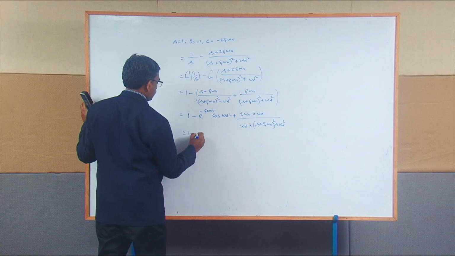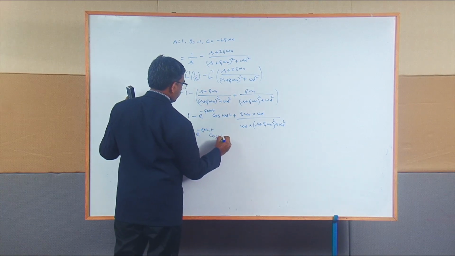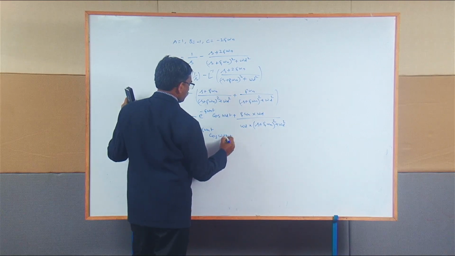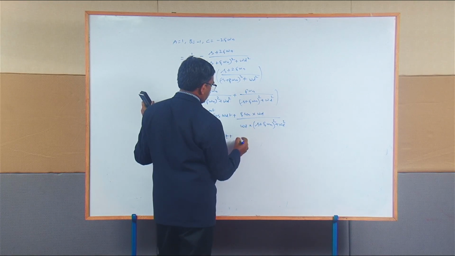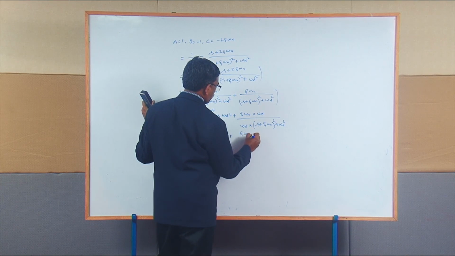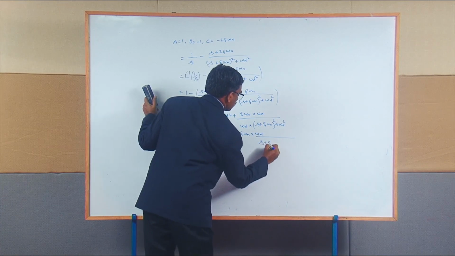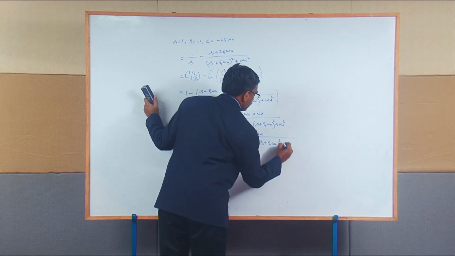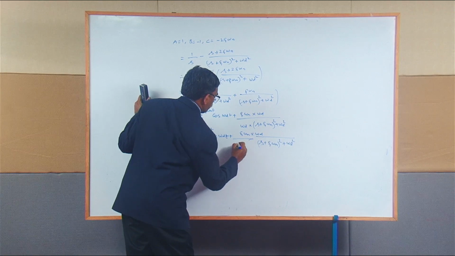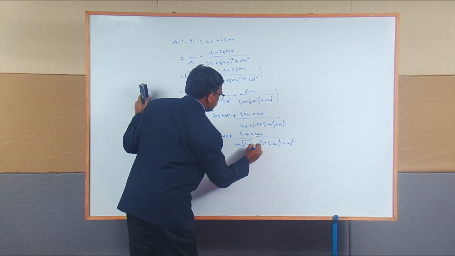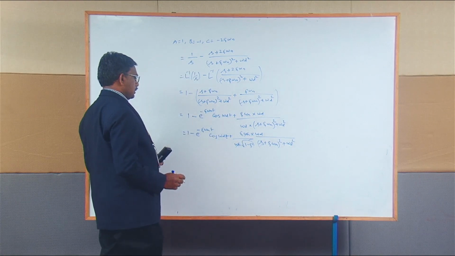So, 1 minus e power minus zeta omega n t cos omega d t plus zeta omega n divided by omega d. We know that omega d is equal to omega n square root of 1 minus zeta square, so omega n and omega n get cancelled.